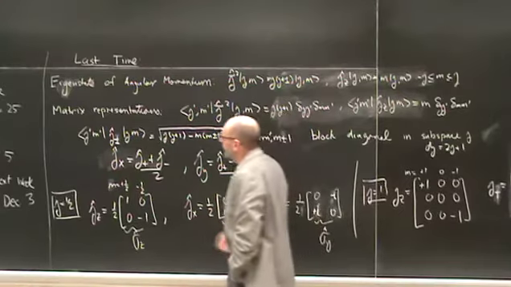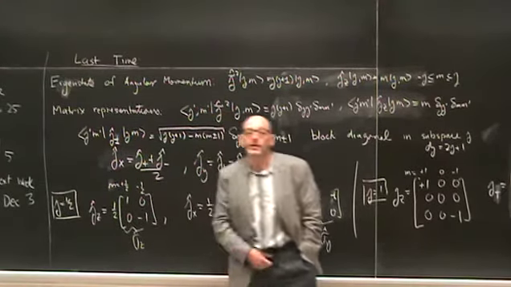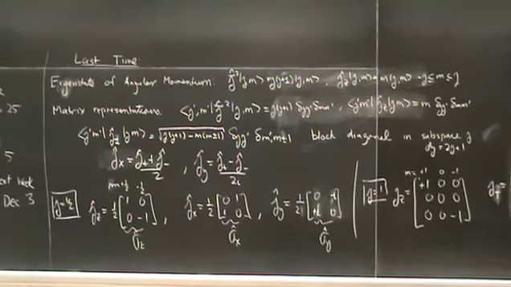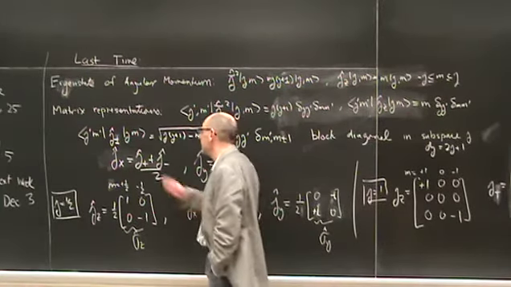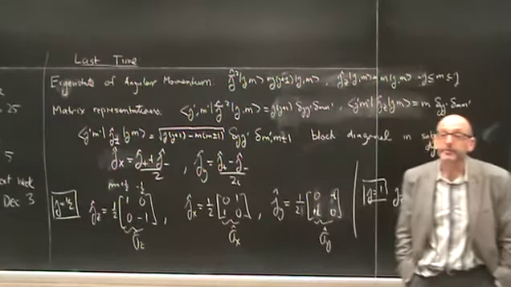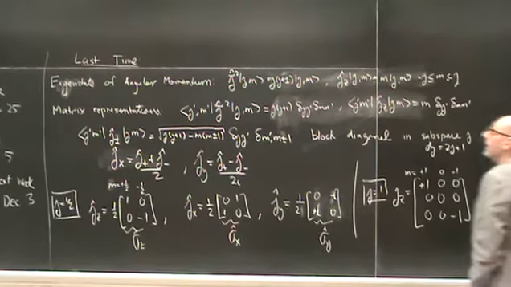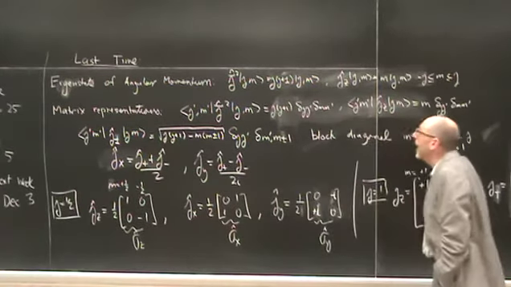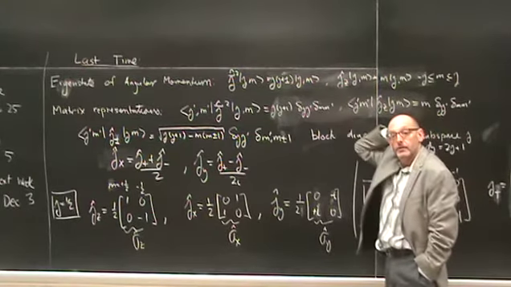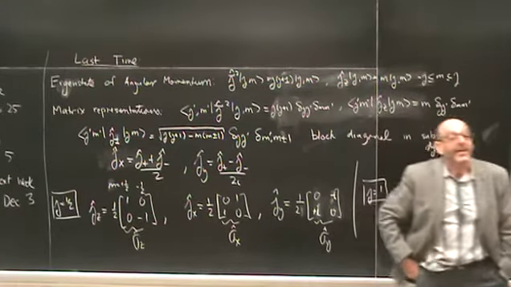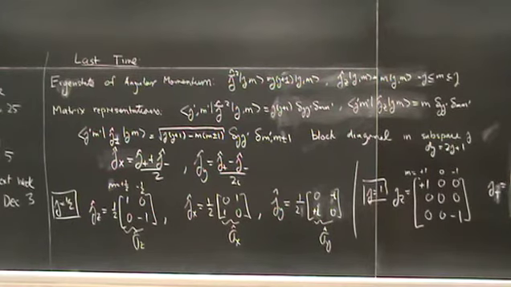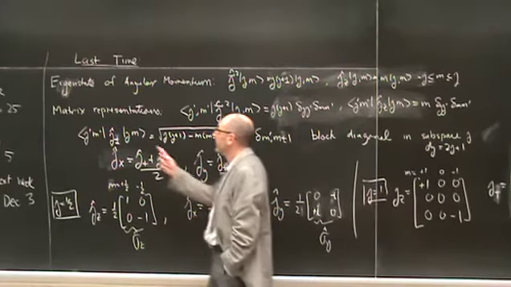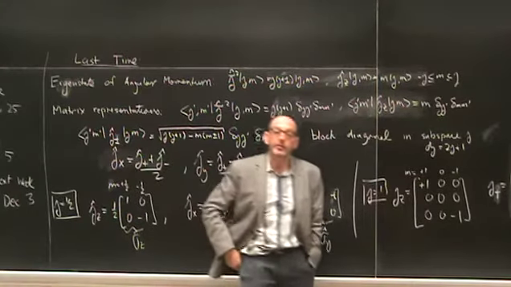And then to get the other components, the x and y components, we appeal to the raising and lowering operators, the relationship between the x and y components of angular momentum and the raising and lowering operators. So the raising and lowering operators are not diagonal in this basis, but they're block diagonal, meaning that they don't connect states with different magnitude of angular momentum.